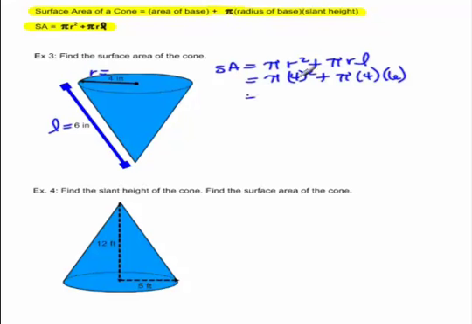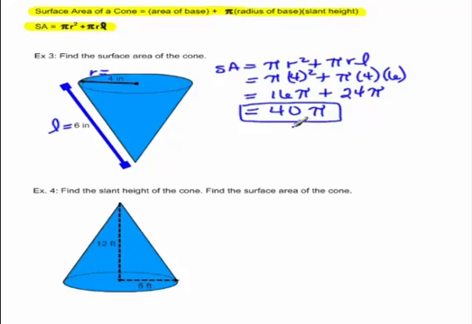Okay, let's work this. 4 squared is 16, so that's 16 pi, plus 4 times 6 is 24, so that's 24 pi. And when you put 16 and 24 together, you get 40. So that's going to be 40 pi, and that's a good answer. Now, your directions may say round this to the nearest tenth.